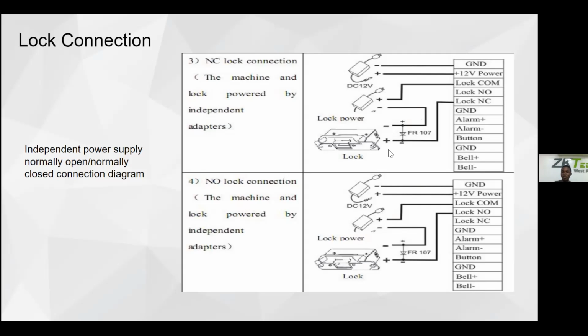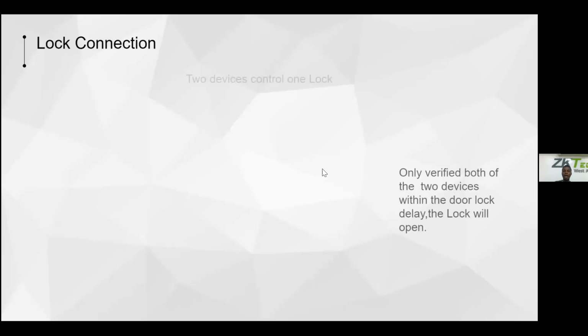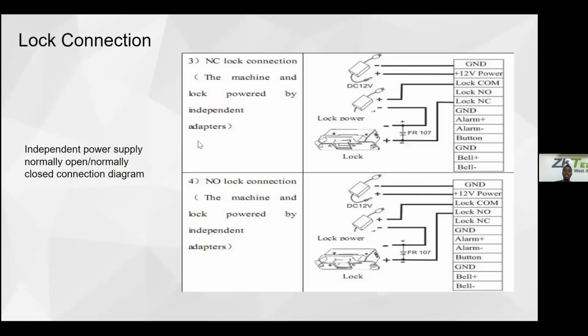And then the positive of your lock power will come to the lock normally open. This is for normally open, anyway. If you are doing normally closed, that is what you will see. So when we talk about normally open, we are saying that you want your door to be in a normally open state or in a normally closed state.